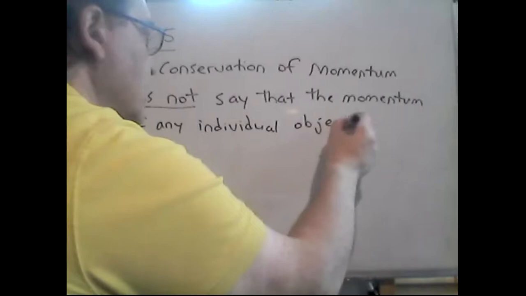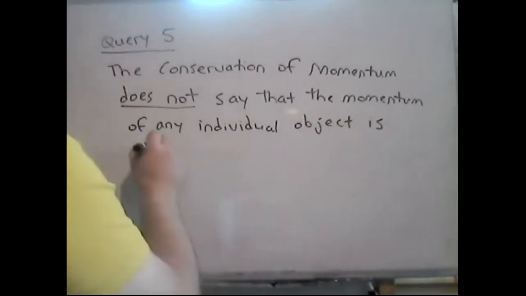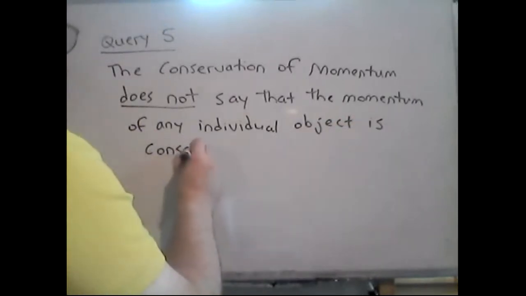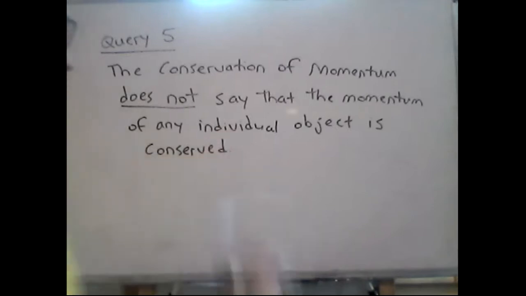That's not what it says. Some students have to think about that a little bit. But again, it's a system concept. Okay, I just wanted to really nail down query 5.